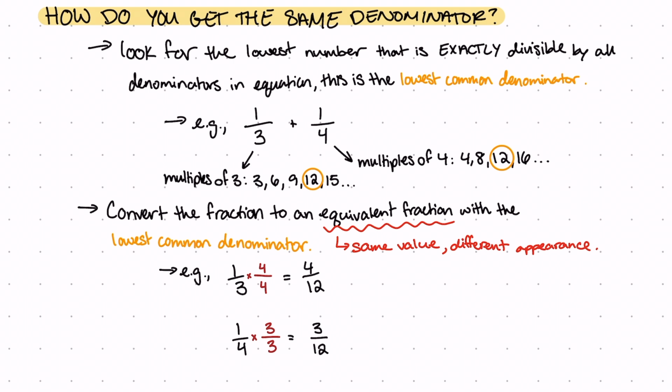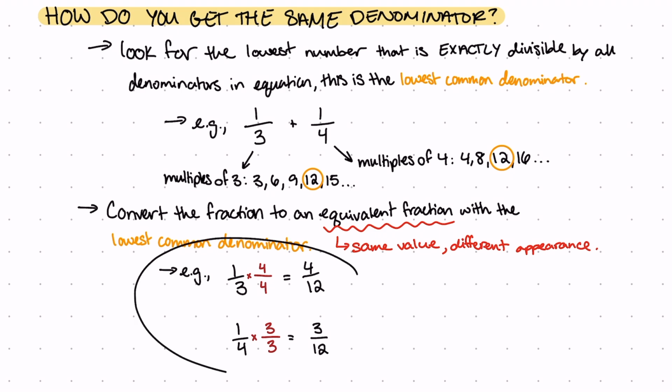So now we need to make equivalent fractions like we did earlier, but we want the denominator to be 12. So we need to multiply the numerator and the denominator by the same number. So we're essentially multiplying by 1. That doesn't change the value, but it changes the appearance.